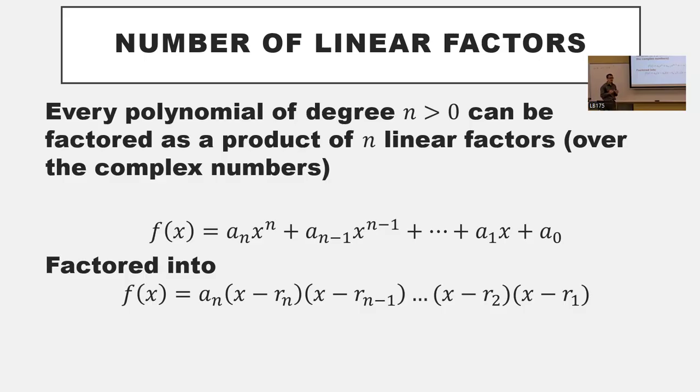So if we're using complex numbers, if I have a polynomial function, I can always factor that into a product of x minus a number times x minus another number times x minus another number, n times, where these numbers are complex numbers. They might also involve some ugly square roots as well. So we can always factor it this way.